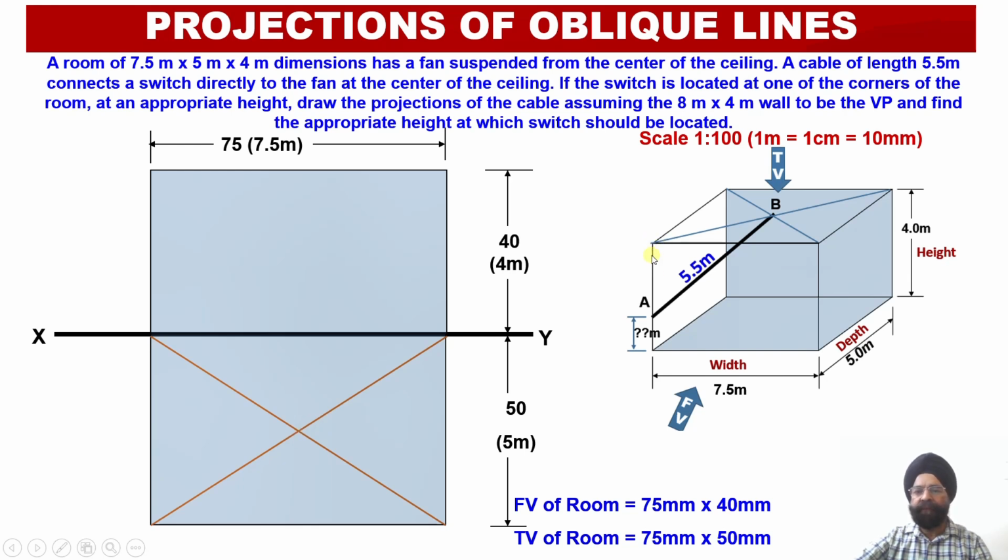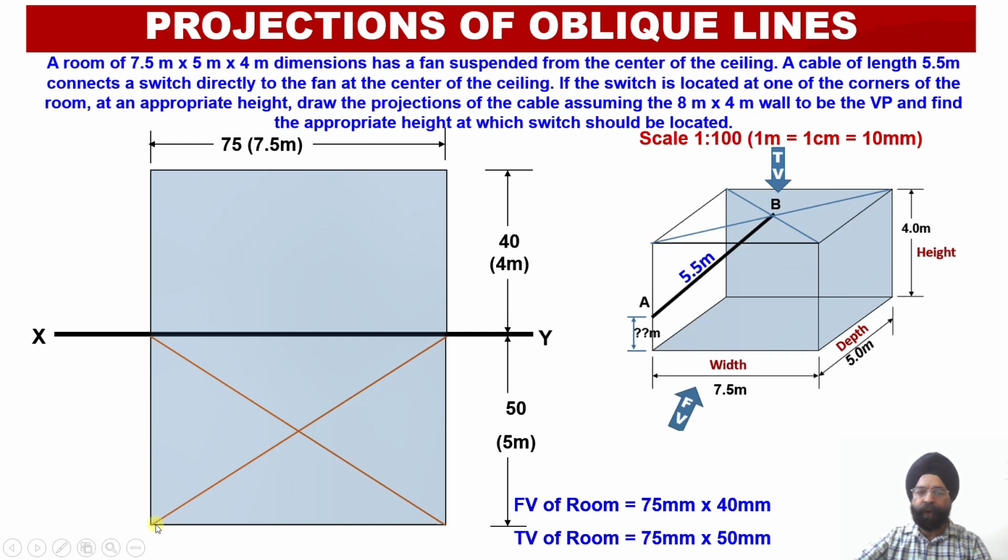Similarly, when we look at the switch, we do not know the height at which this switch should be located. But we know that this switch is located at an appropriate height along this particular corner of this room. So when we look at this switch from the top, this point A, corresponding to the switch, irrespective of the distance at which it is located above the ground, will be located in this particular corner.